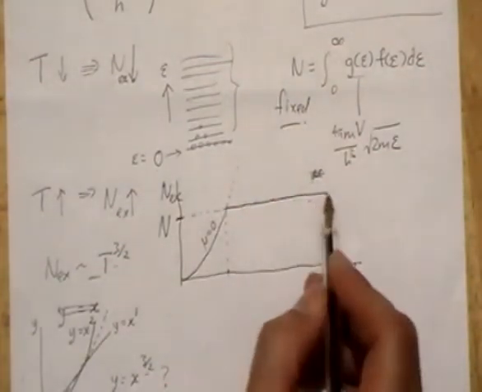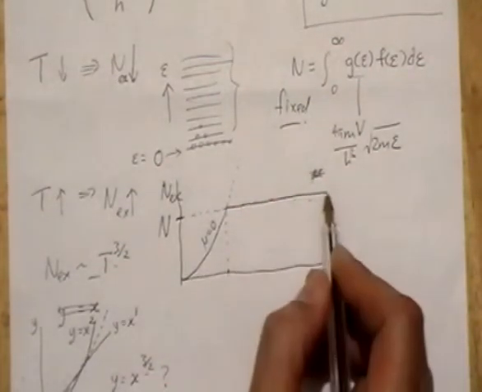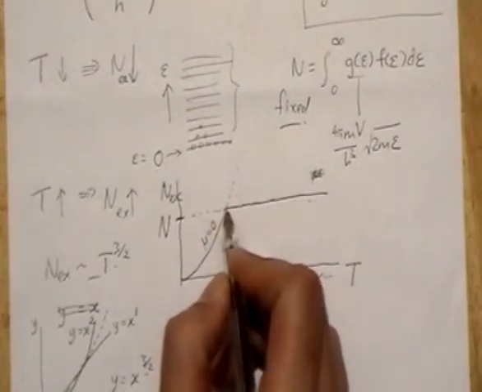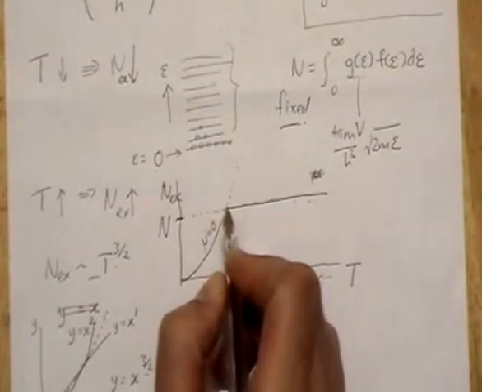So this means that when from higher temperature we reach this point, mu becomes 0 at that point.